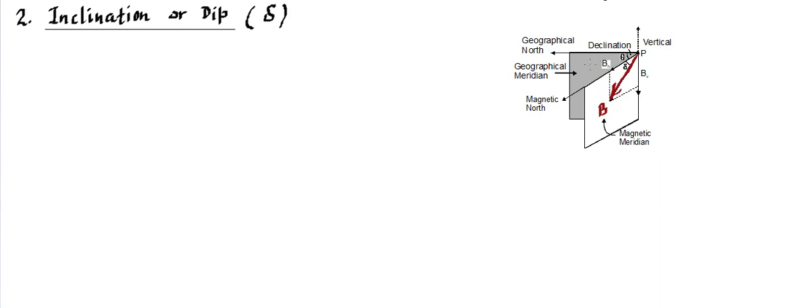Now what else have we understood till now? This geographical meridian is known to us. From this geographical meridian we need to move by angle theta to get the magnetic meridian. So if the geographic meridian is known to us, we can reach the magnetic meridian once theta is known to us.